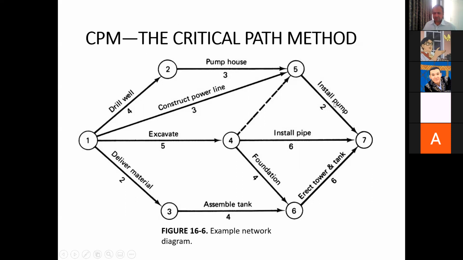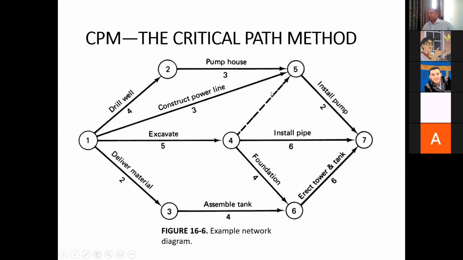So for the installation of the pump, we will say that pump house is completed, construct power line is completed, and due to this dummy activity, excavation work also needs to be completed. So the installation of the pump has 3 predecessor activities: pump house, construct power line, and excavate. So this is called the dummy activity. Okay.